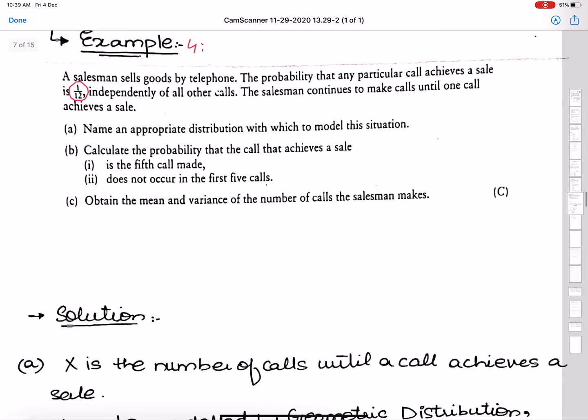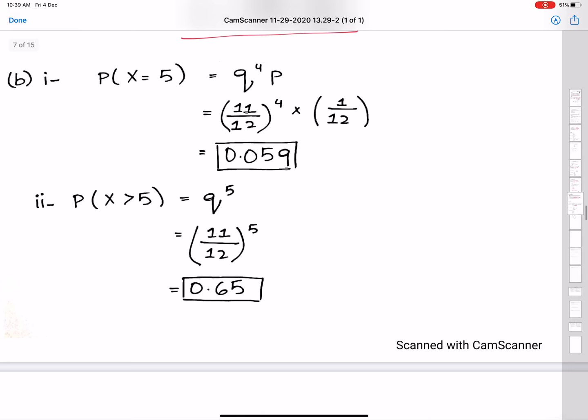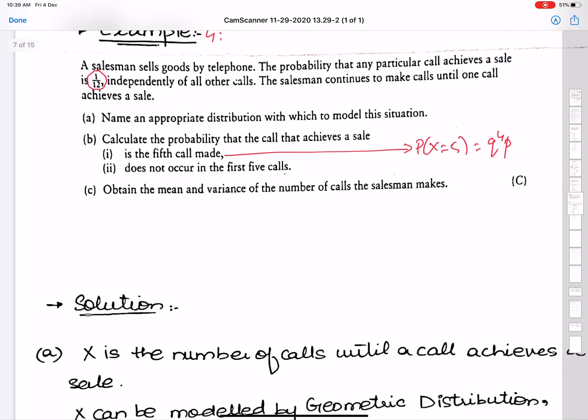Now, calculate the probability that the call that achieves a sale is the 5th call made. So this is very simple. You just need to write x is equal to 5. So it should be q to the power 4 into p. Does not occur in the first 5 calls. Very simple. X greater than 5. So does not occur in the first 5 calls means x greater than 5.